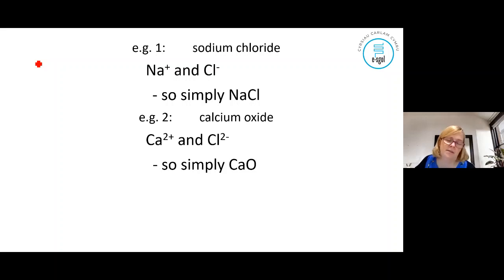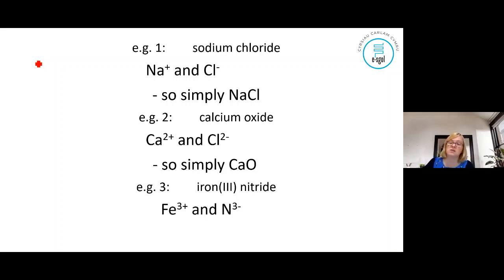Okay, but it basically means that you would get any positives cancelled out by any negatives. Okay, iron 3 nitrite, you've got Fe3 plus, N3 minus. Well that means you still only need 1 of each, so do not get thrown by the presence of this number. That is something that is very common, is that they see the number and they simply get thrown by it.